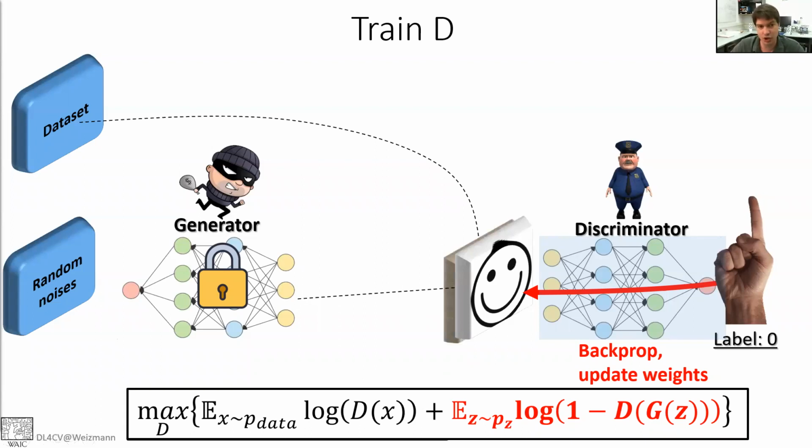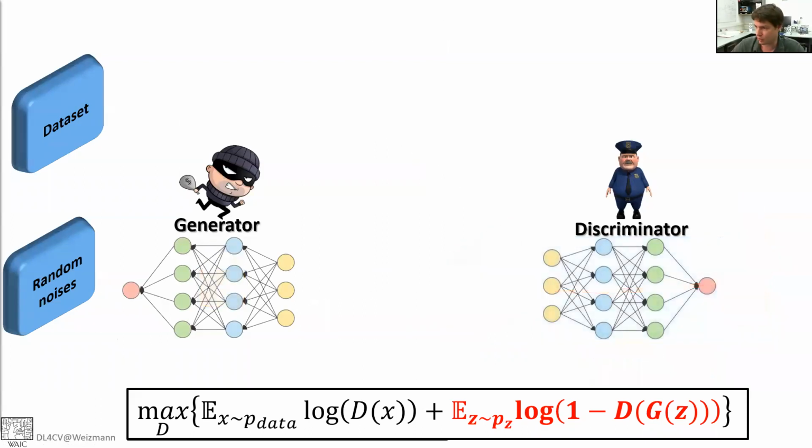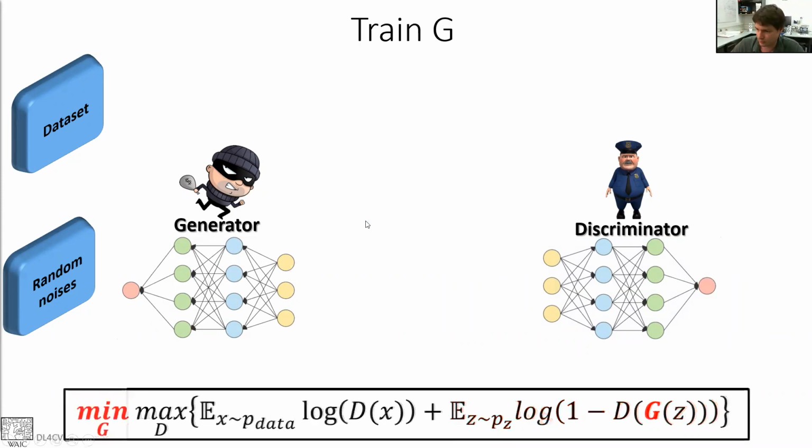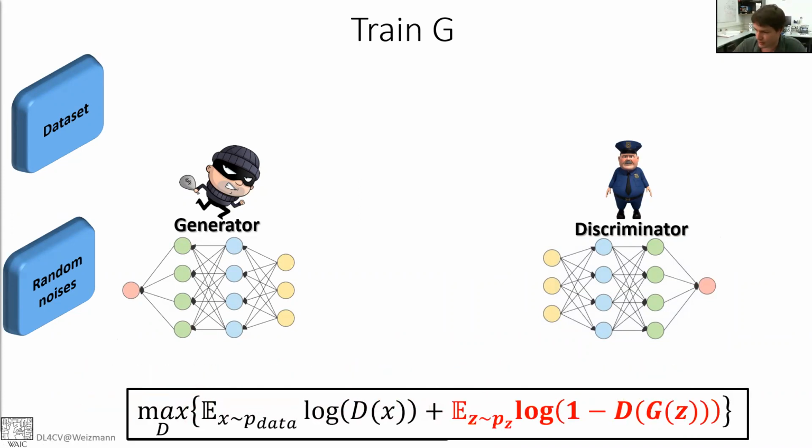Now we have to train G, the generator. Let's say the objective first, so let's go back to our philosophy. The objective for the discriminator is to maximize its ability. This is just a binary classifier, and it wants to maximize its ability to distinguish between fake and real examples.